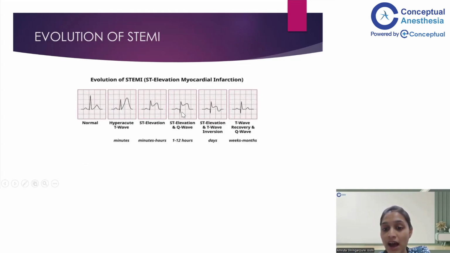Once the Q wave sets in, gradually after a few days your ST elevation starts settling down, in the absence of treatment of course, and you get an inverted T wave. After weeks or months, when you have to say it's an old MI, what you're going to get is the presence of Q waves, which is suggestive of an old MI that has undergone all these changes.